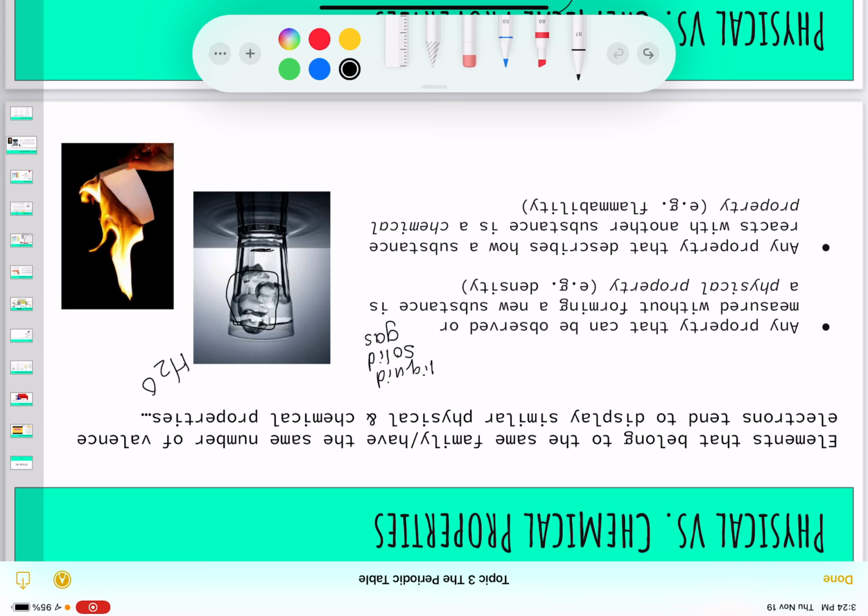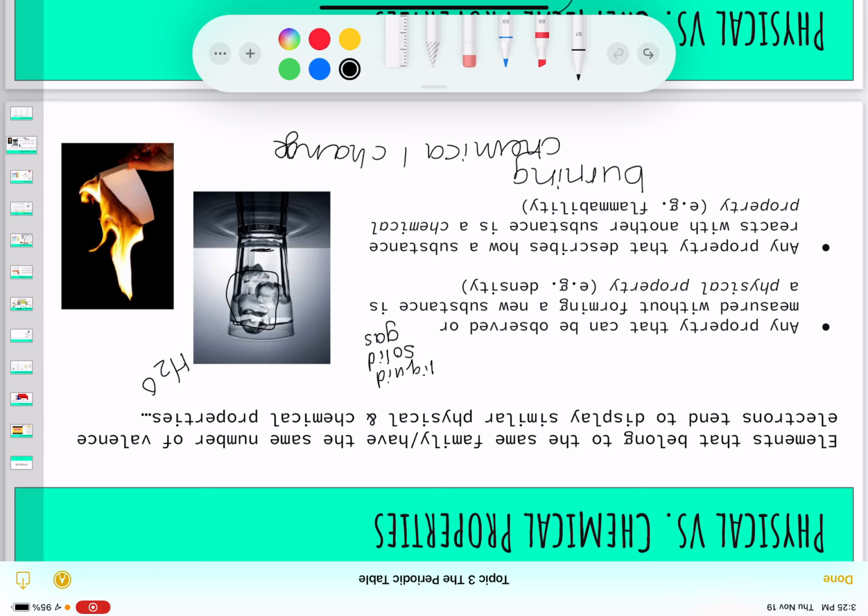Any property that describes how a substance reacts with another substance is a chemical property. So an example of that might be flammable. If something is to catch fire, that burning is creating a chemical change. Okay? So that example of burning is a chemical change.